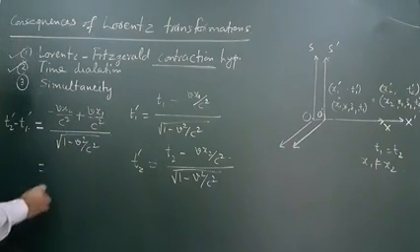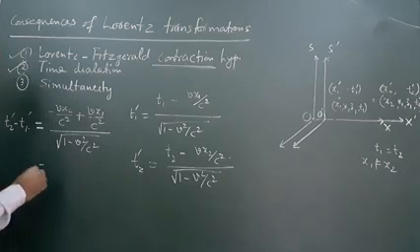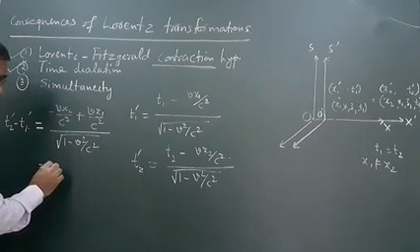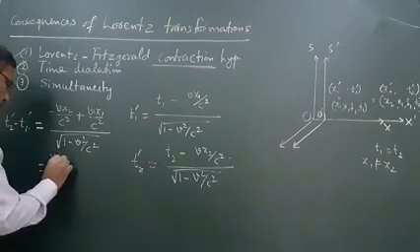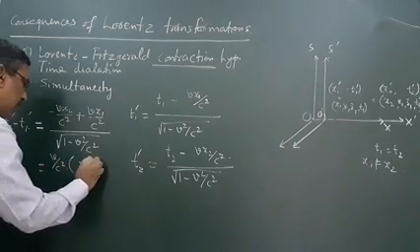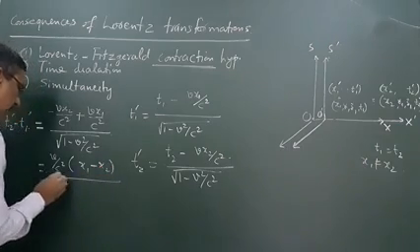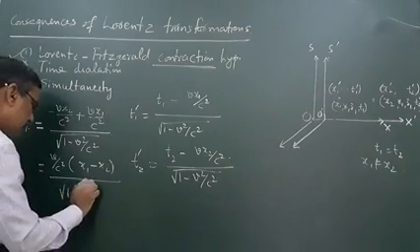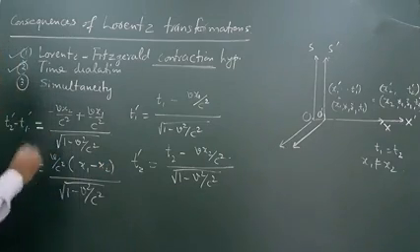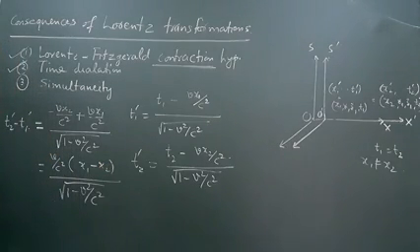This gives us V by C square common, x1 minus x2 upon under root 1 minus V square upon C square.